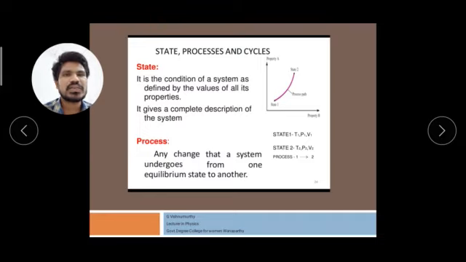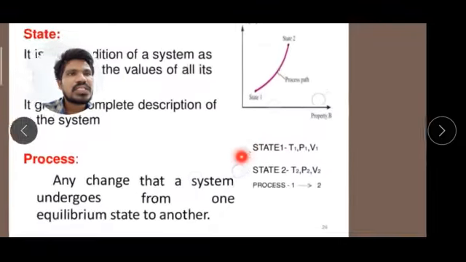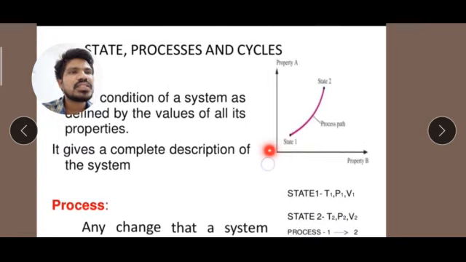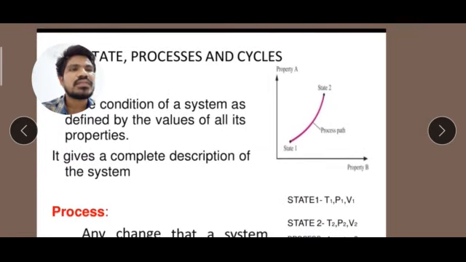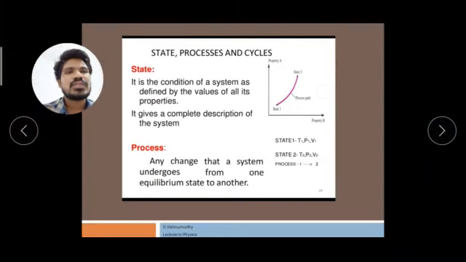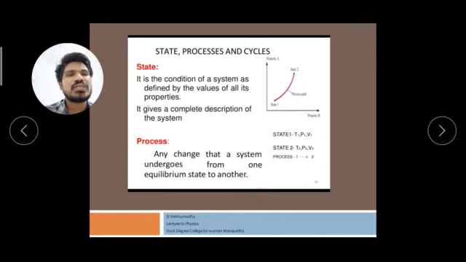Here you see this is the graph, and the material goes from state 1 to state 2, and in between state 1 and state 2 is called the process path. So this is the relation between state and process.